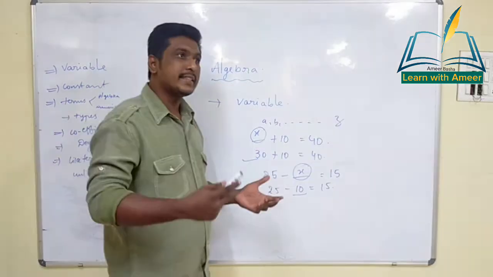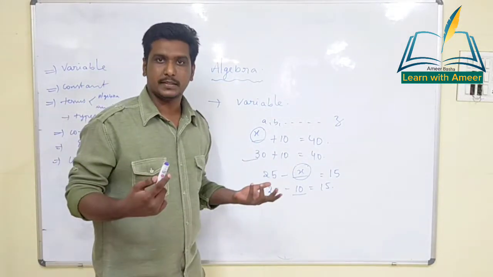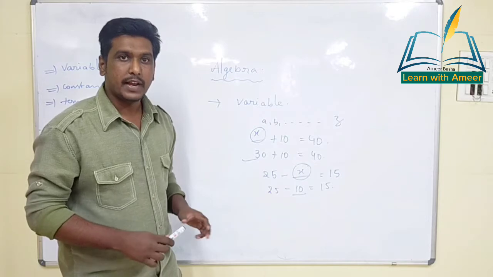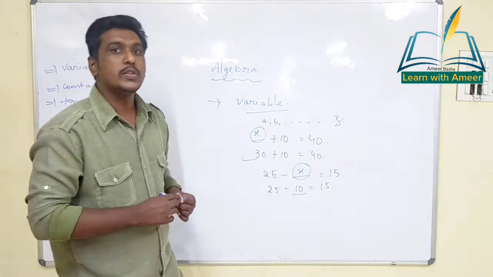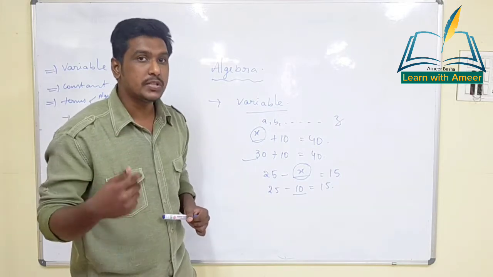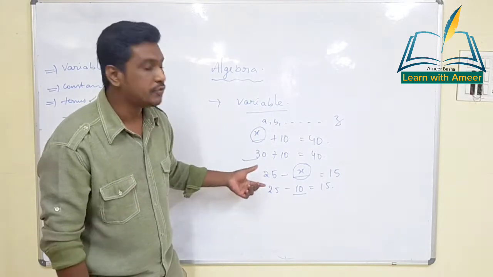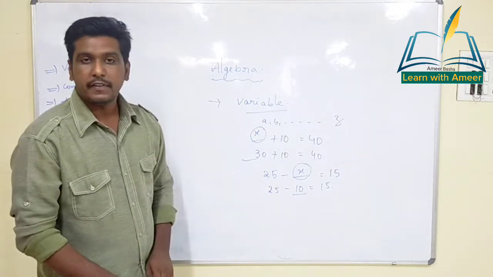If we take another sum, there we might get an x value of something else, right? So these are variables, whose value keeps on changing from sum to sum or situation to situation, right, children?